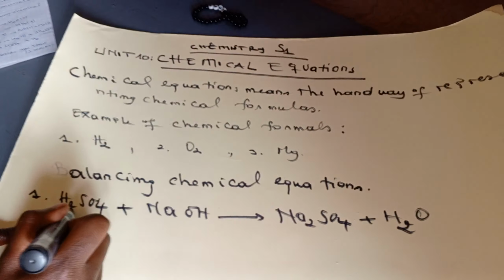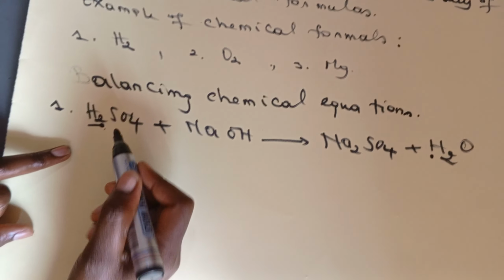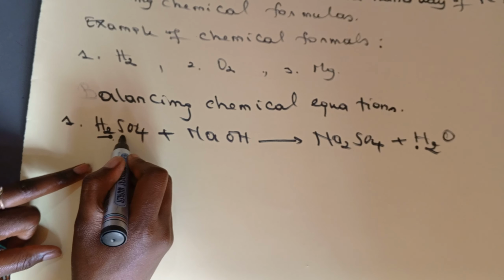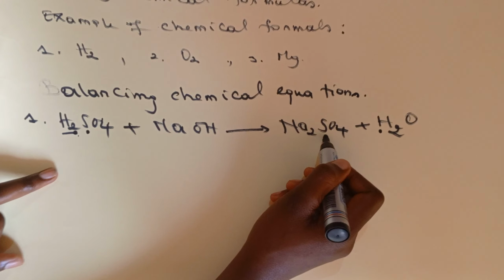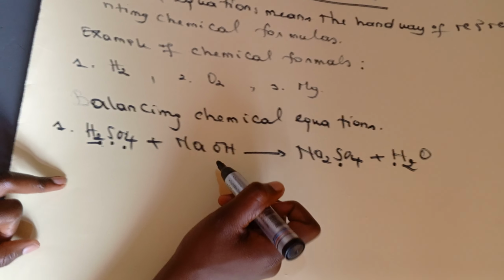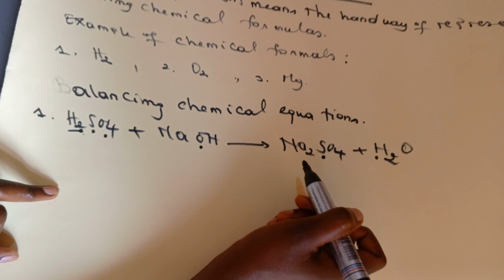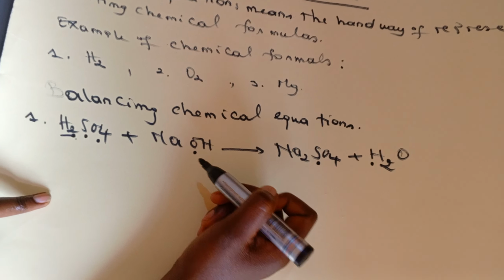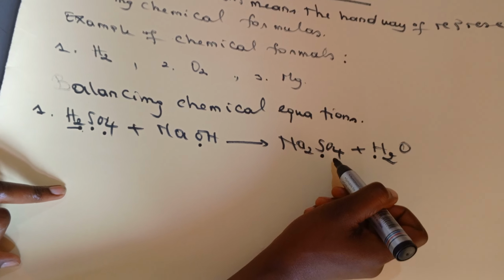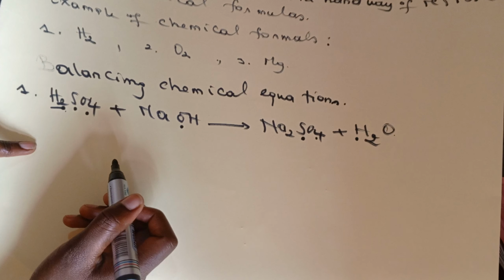Here we have two hydrogen atoms, and in the product there are also two hydrogen atoms. Sulfur is 1, and in the product sulfur is also 1. For oxygen, there are 4 plus the 1 in sodium hydroxide, which gives 5. In the product we have 4 oxygen plus 1, which is also 5.